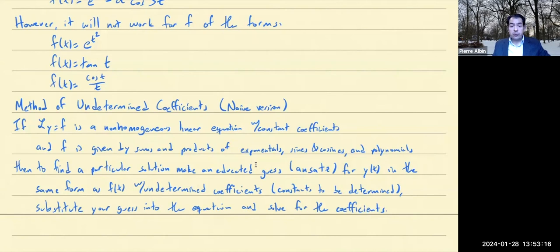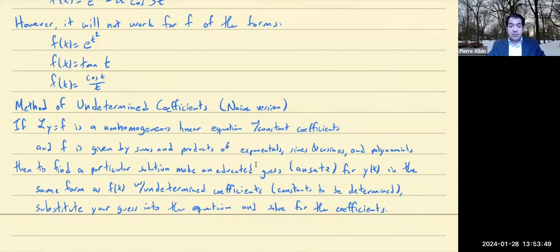Right? So the point is, when we're looking for a particular solution, we don't need to find all of the particular solutions. We just need to find one. So you might as well make an educated guess and hopefully find one, right? And why is this an educated guess? Well, if you look at the right-hand side and it's, say, e to the t, then the left-hand side, you're going to take some function, take some derivatives and add, multiply with constants and add.